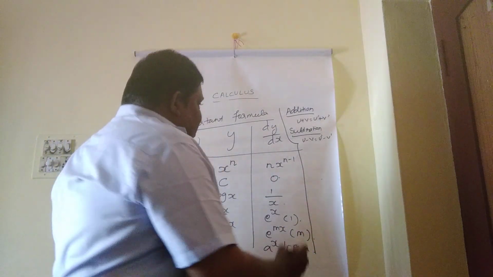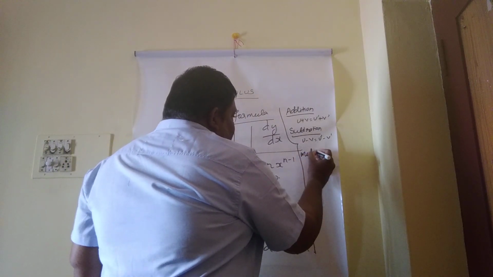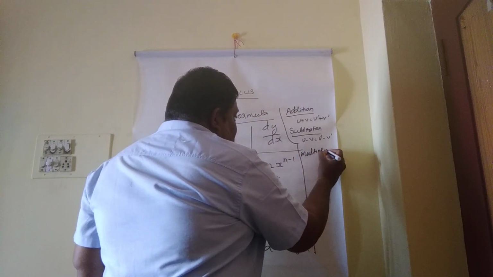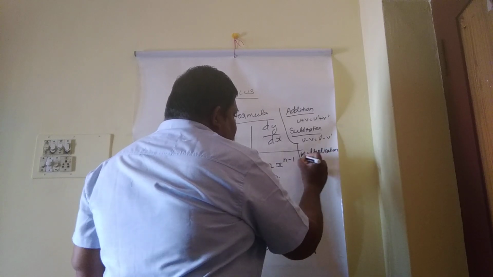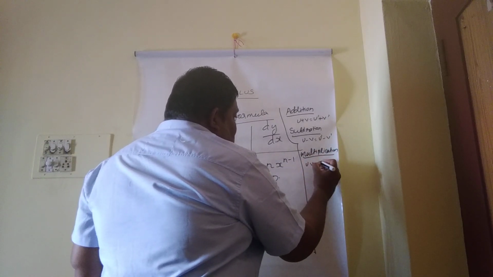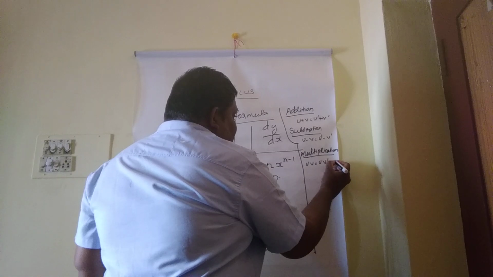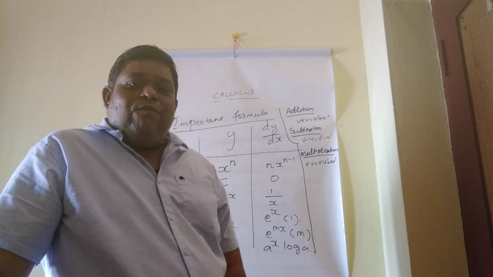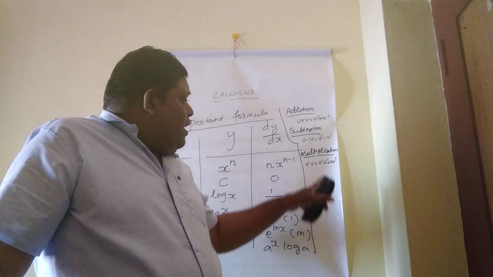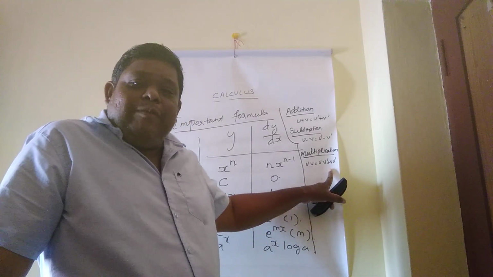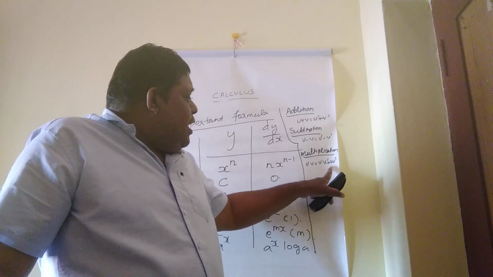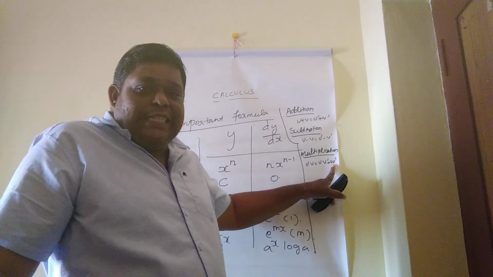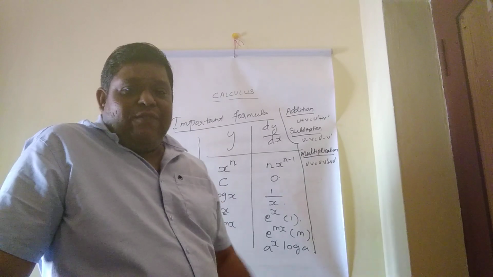Next, multiplication function. For u into v, the derivative is u v dash plus v u dash. That means the first variable is fixed and we multiply by the second variable's differentiation, plus the second variable is fixed and we multiply by the first variable's differentiation.